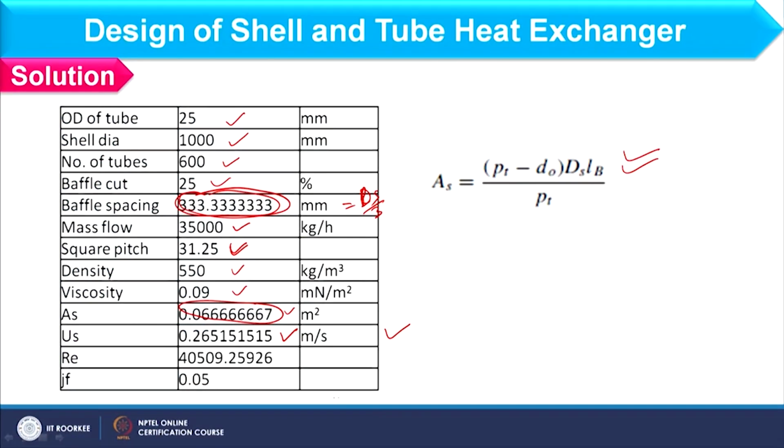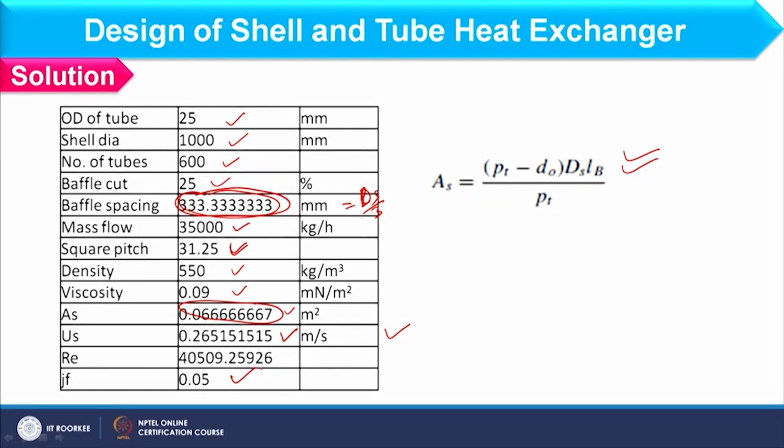So, considering the shell side velocity as well as the properties, you can find out the Reynolds number of the shell side, and it comes out as 40509.25, which is in the turbulent zone, and you can consider the JF factor to find out delta Pi. Okay. And the JF factor you can obtain from the same graph which we have used in the 5th lecture of the 4th week. Okay. So, that we have already illustrated. So, I am considering the value of JF directly, which comes out as 0.05, right.